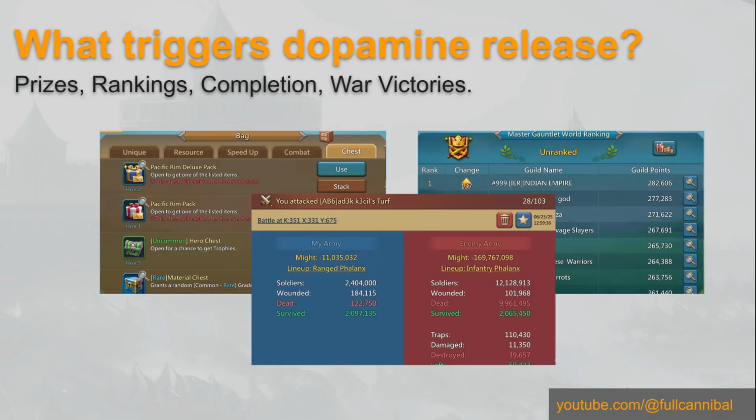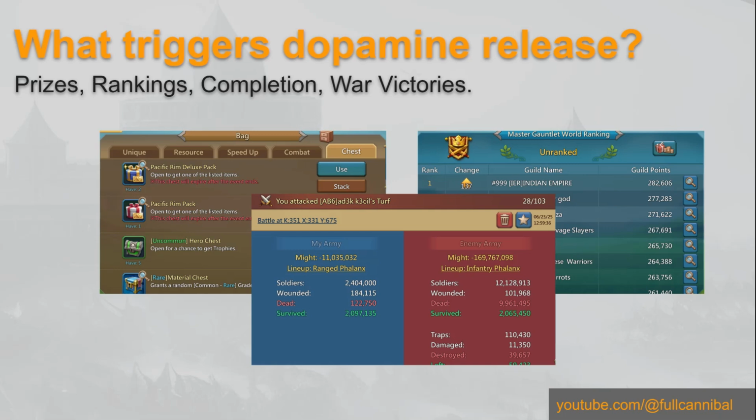How does that happen? Well, anytime you get something like a prize, say you get a good drop on one of the packs that you open, you'll get a dopamine hit. Anytime you achieve a ranking or have an achievement in the game and you win something, that's a dopamine event.